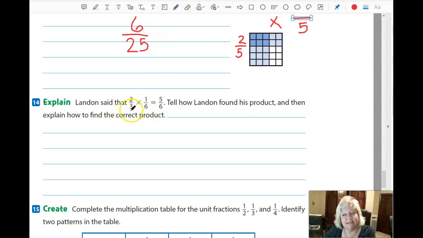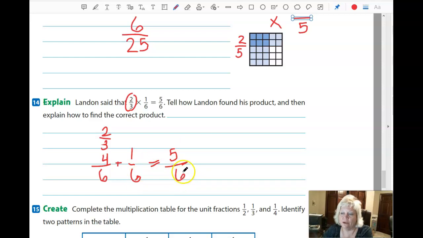What it says is that Landon thought he had to find a common denominator, and he doesn't have to. If Landon had found a common denominator, this 2/3 right there would change to 4/6, plus 1/6, which would equal 5/6. That was his mistake right there.